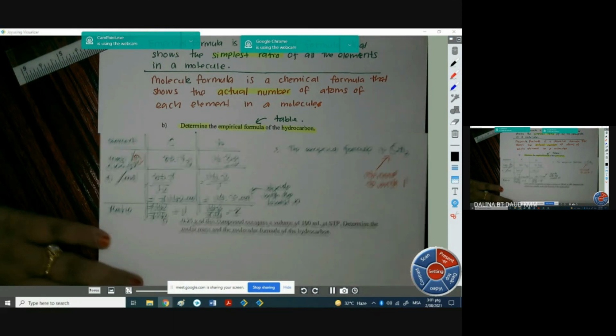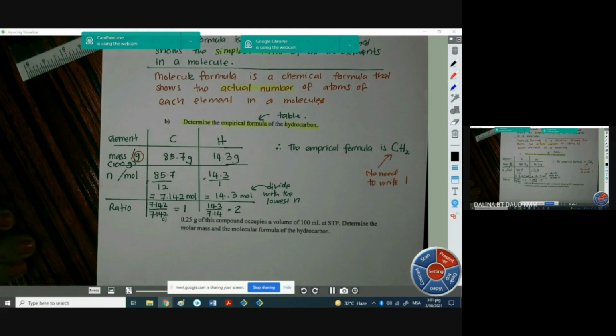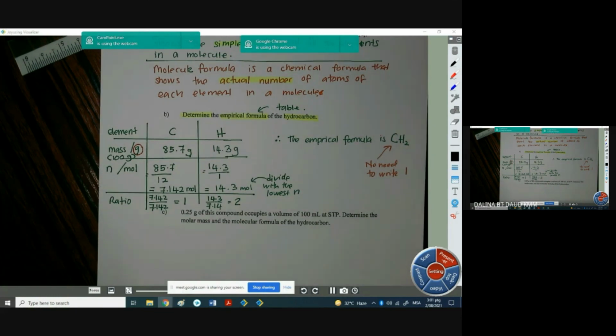Kalau satu kita tak perlu tulis. Okay, do you have any question for this stage to find the empirical formula? No. Okay, now we go to molecular formula.